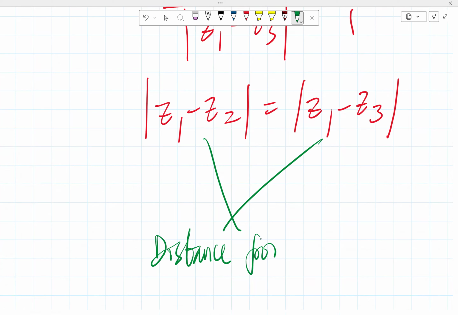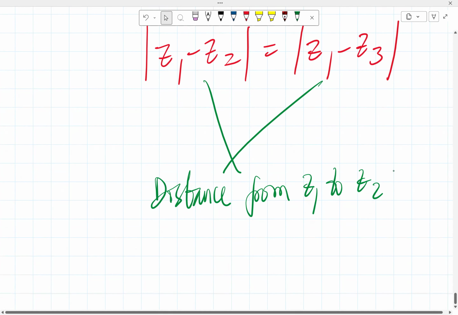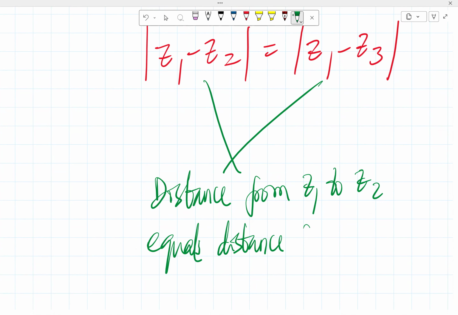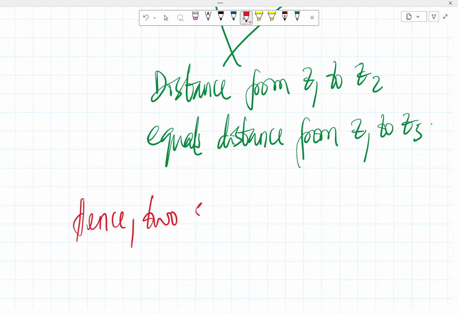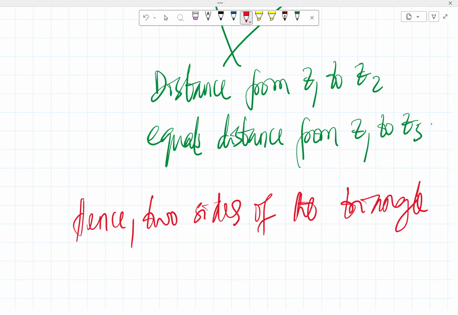the distance from Z1 to Z2 equals the distance from Z1 to Z3. Hence two sides of the triangle are equal.